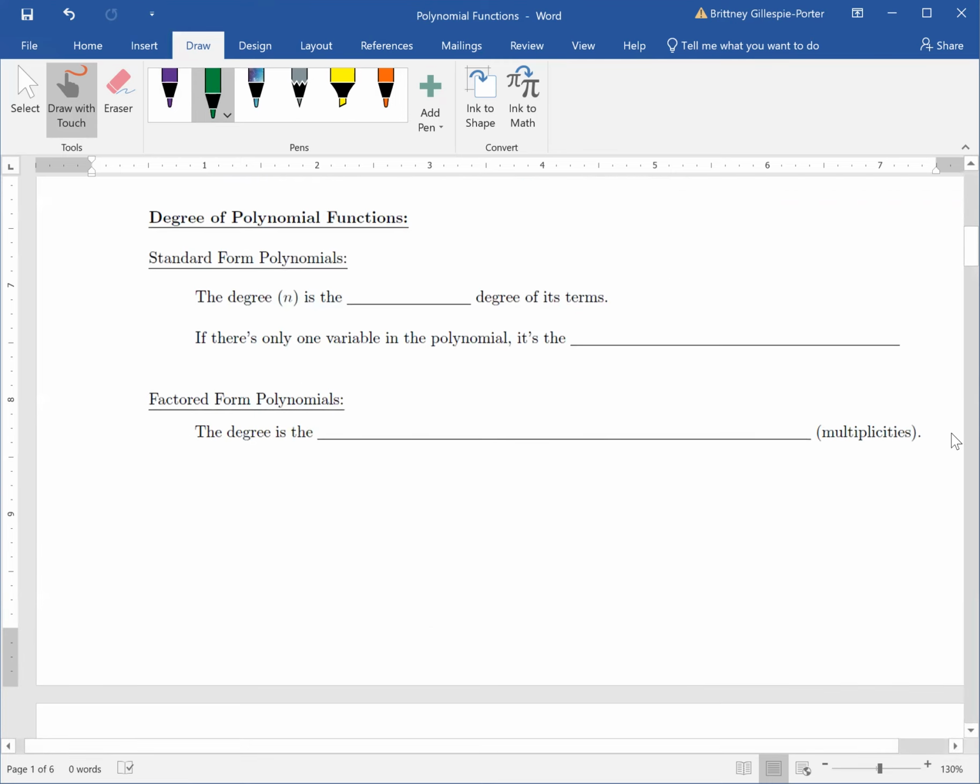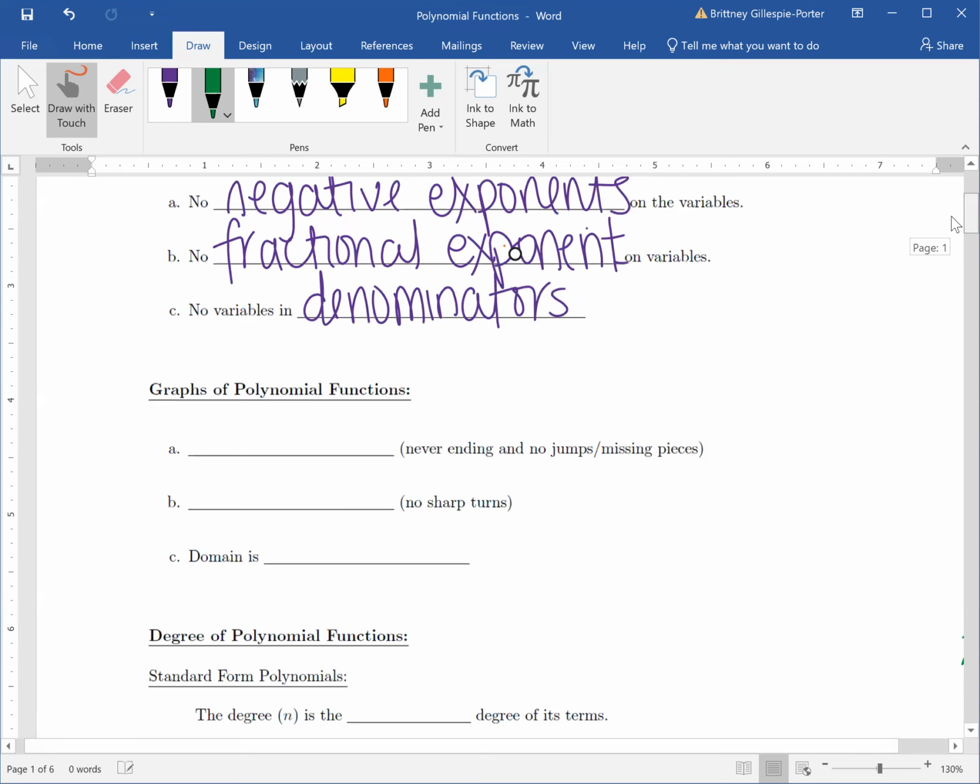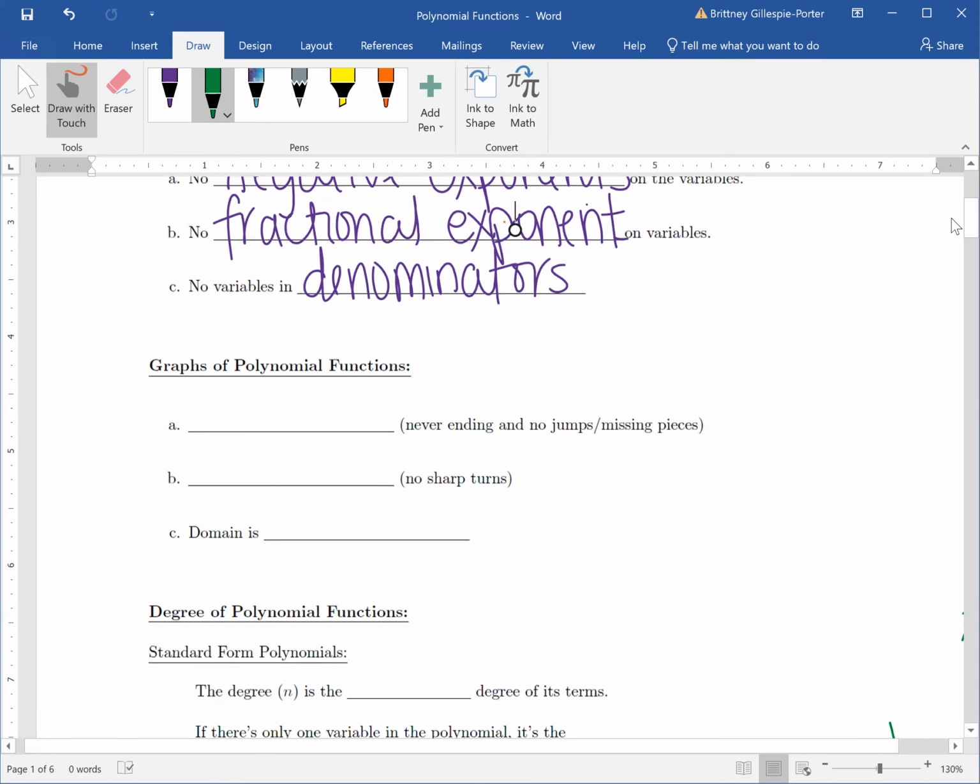Now, the graphs of our polynomials. Cool thing about polynomials is that they are continuous. They are never ending. They have no jumps, no missing pieces. The way I was taught, continuous means that you can draw it without lifting your pencil.